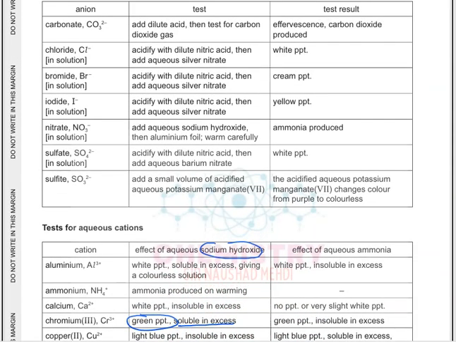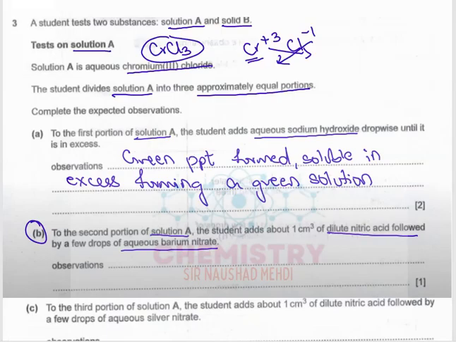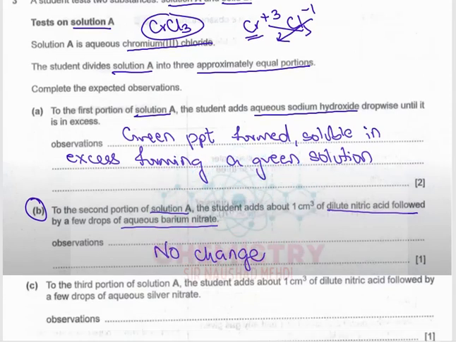So here you can see dilute nitric acid and then aqueous barium nitrate. This test is used to identify the sulfate ion. Is the sulfate ion present in our solution? No. Since the sulfate ion is not present, this test will give no change. Nothing will happen.